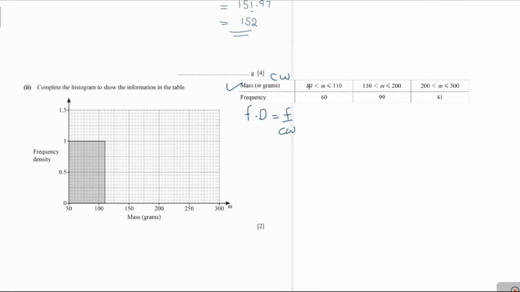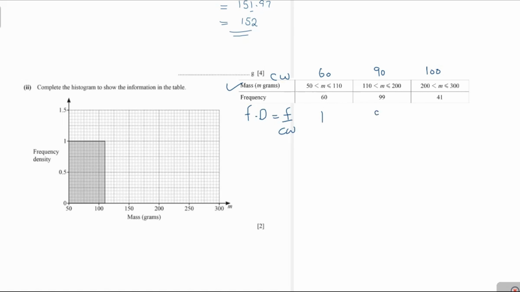Now you can see here 110 minus 50 is 60. And same here is the difference between 200 and 110 is 90. And the difference 300 minus 200 is 100. Now we can get 60 over 60, that's equal to 1.